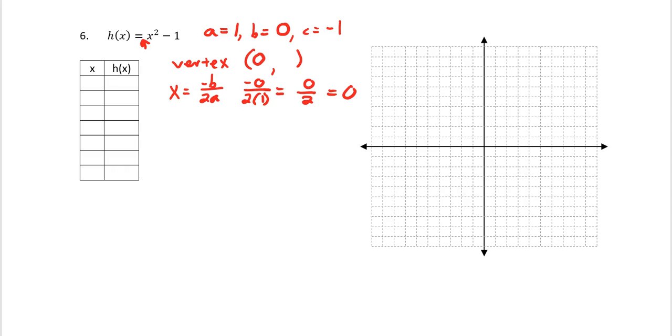Now if our vertex has an x value of 0, to figure out the y value, we need to put 0 into the function. We have 0 squared minus 1, which is minus 1. Our vertex is going to be at the ordered pair 0, negative 1. Happens to be on the y-axis, down at negative 1.